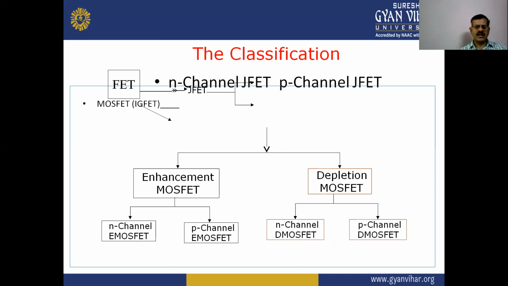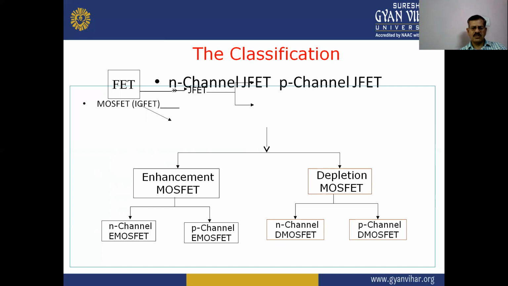FETs are classified first into N channel FET and P channel FET, and also MOSFET, the metal oxide field effect transistor, which is classified into two types: enhancement MOSFET and depletion MOSFET.